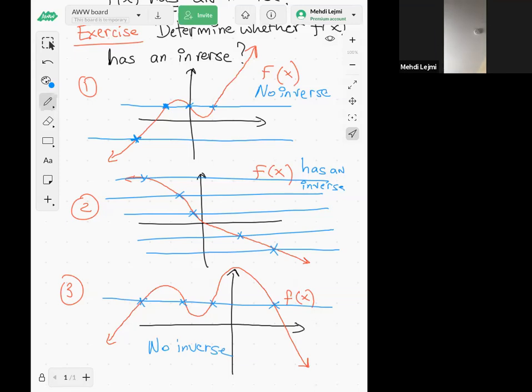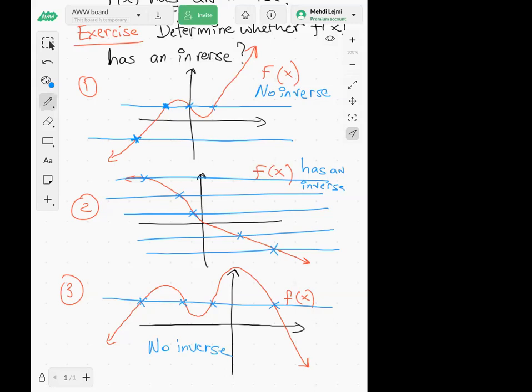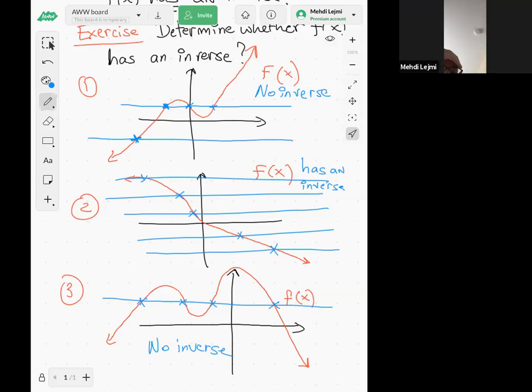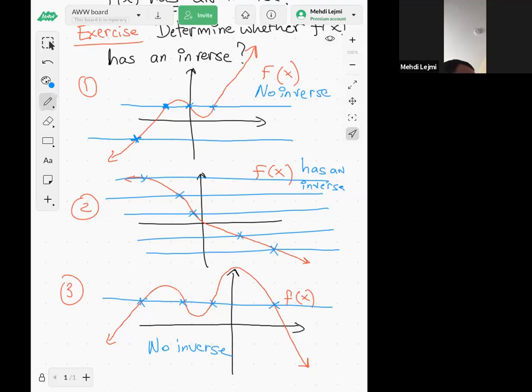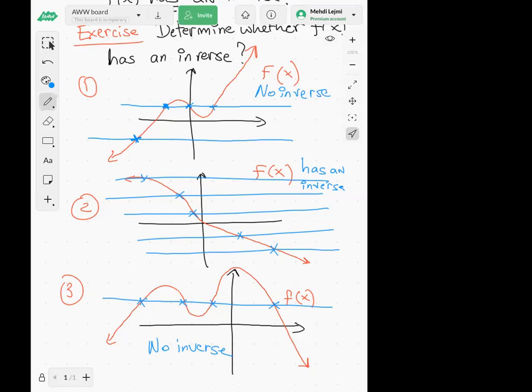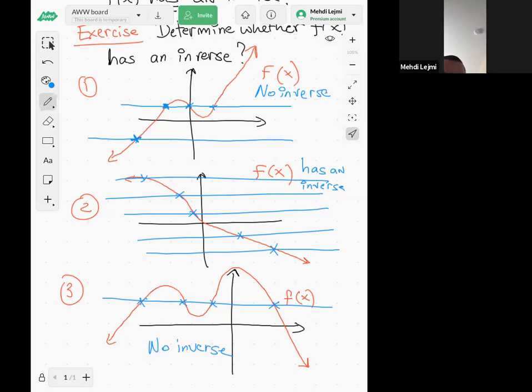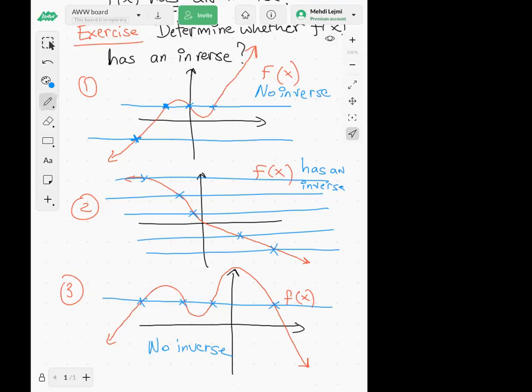Is there any question, guys? Yes, please, go ahead. If the graph starts with an inverse and ends without an inverse, like the horizontal line passes through at first and then doesn't, does the whole graph become a graph without an inverse?